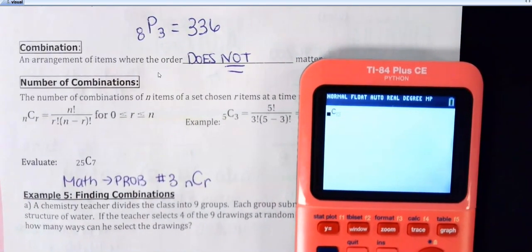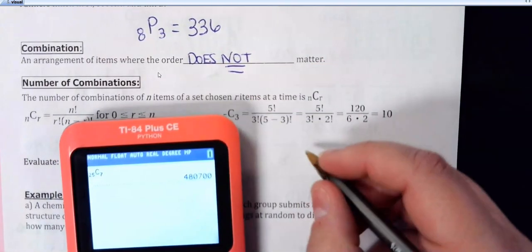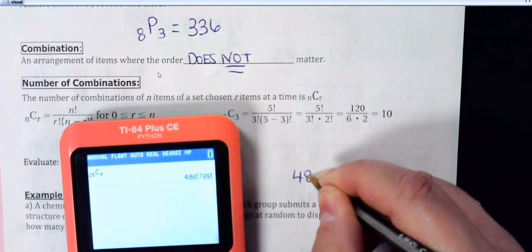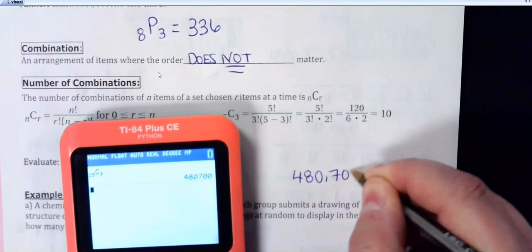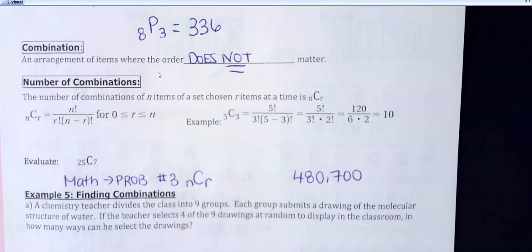So for our little example here, I'm going to do 25 and I'm going to do 7 that I'm going to choose out of that 25. So it should be a smaller number. It's still pretty big, but it's smaller than the number of permutations. So I got 480,700 for that one.